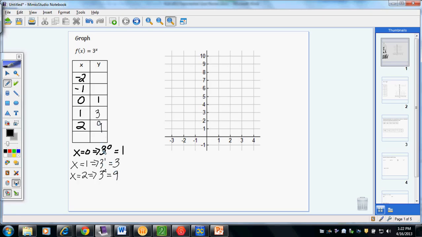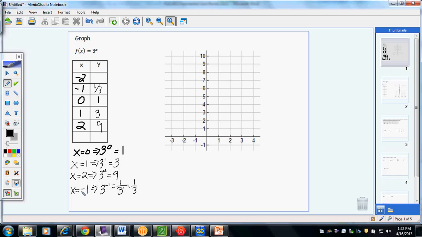Okay? So when we have x equals -1, this implies 3 to the -1 power. Now remember, this negative power tells us that we are going to flip it and make the exponent positive. So that's just going to be simply 1/3.